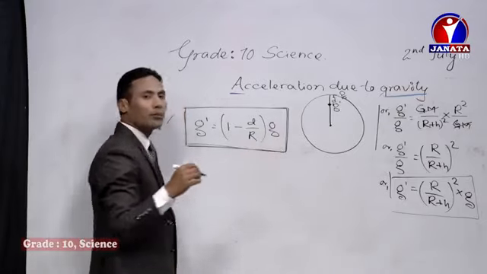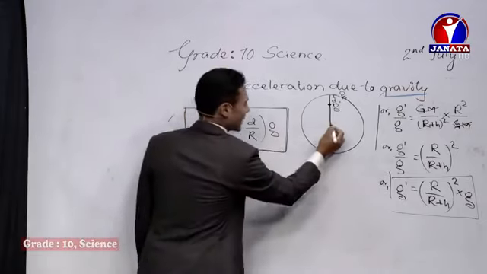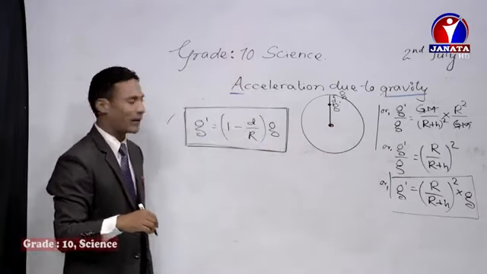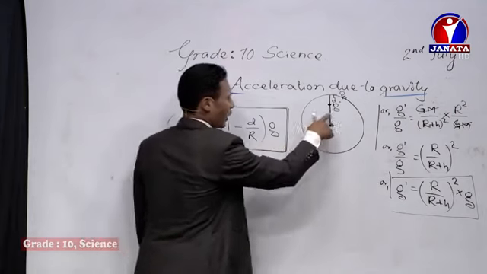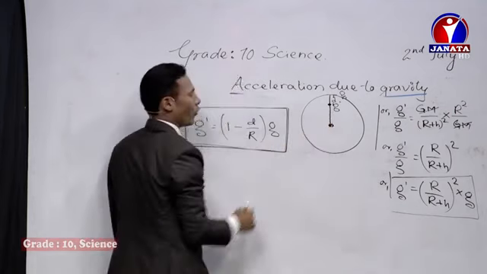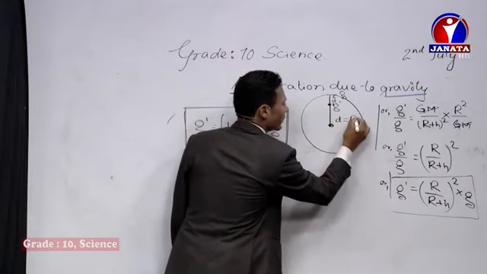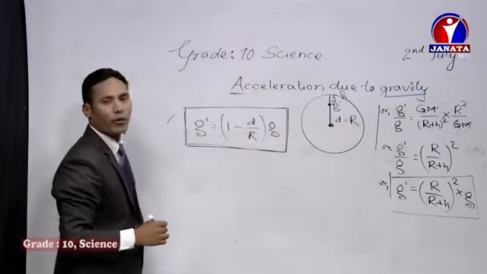If the object is exactly at the center of earth, what will be the value of acceleration due to gravity? Let's check. If the object is exactly at the center of earth, the value of d is equal to the radius of the earth.